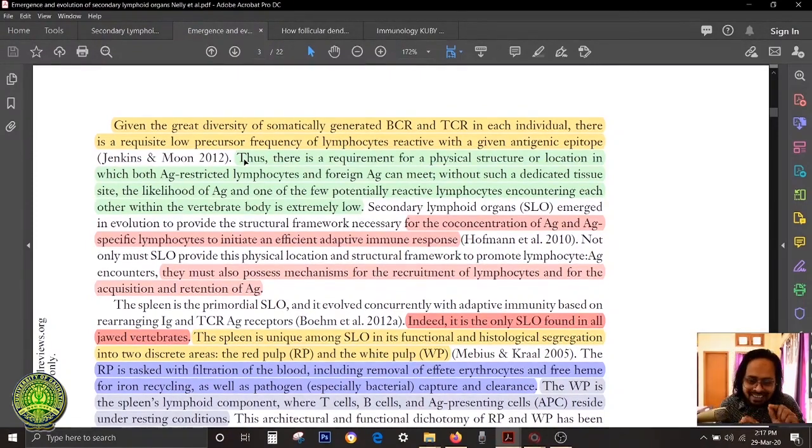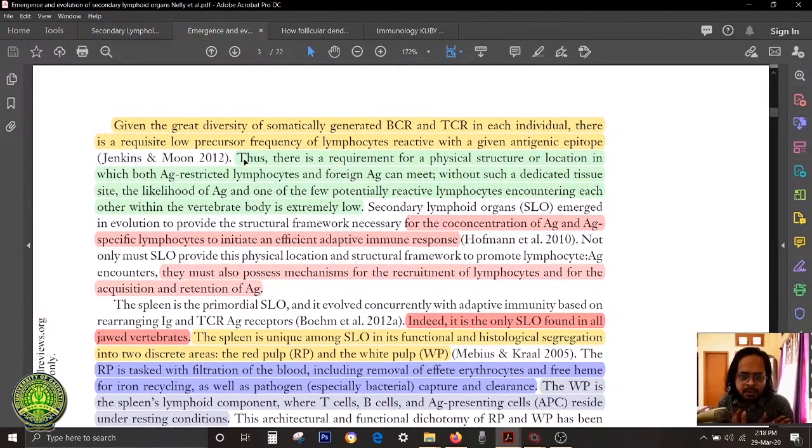But a distinct B cell with a distinct BCR will not amplify until it is stimulated. So each distinct B cell with a distinct BCR, or each distinct T cell with a distinct TCR, will be there in your circulation. That can be blood, that can be your lymph, but it is only available in a few copies. So just think about that.